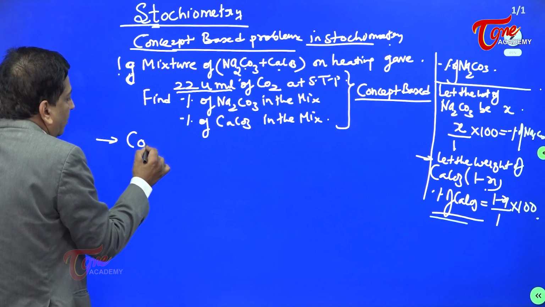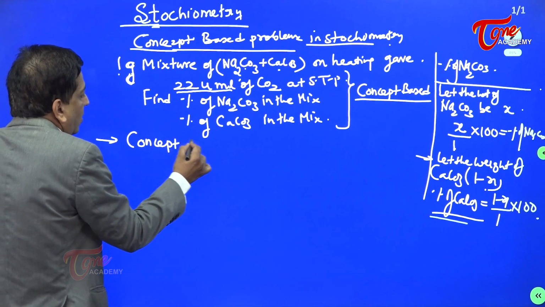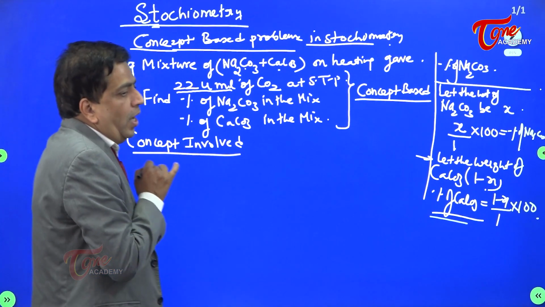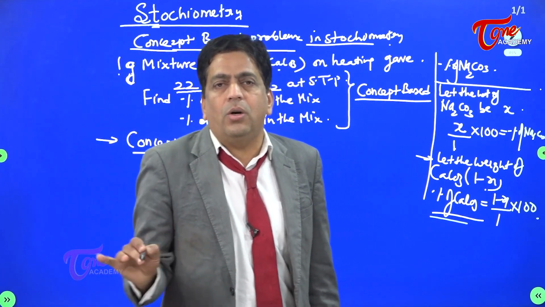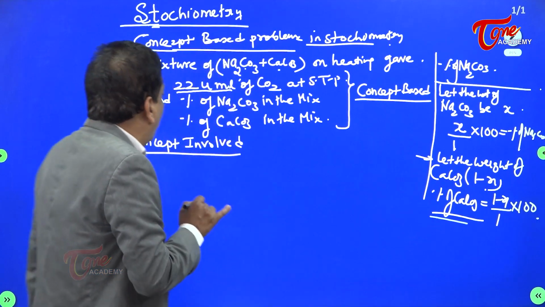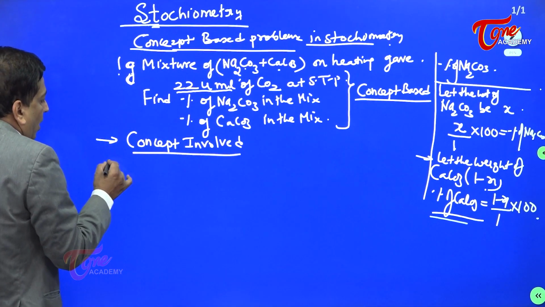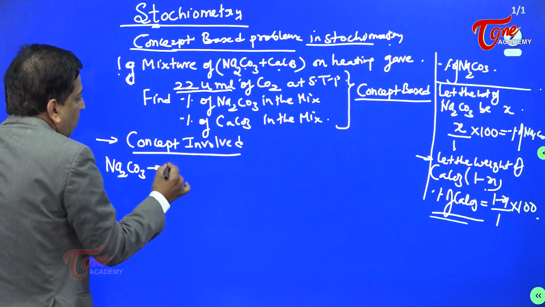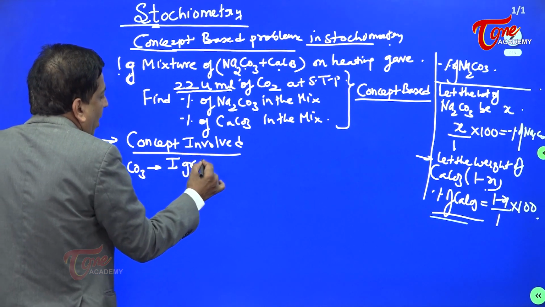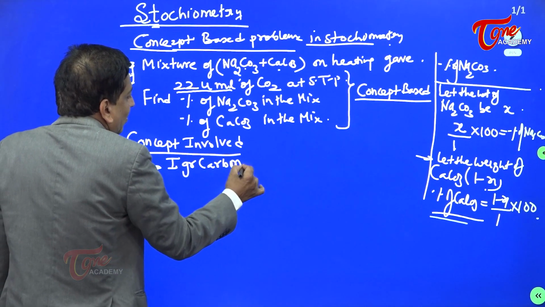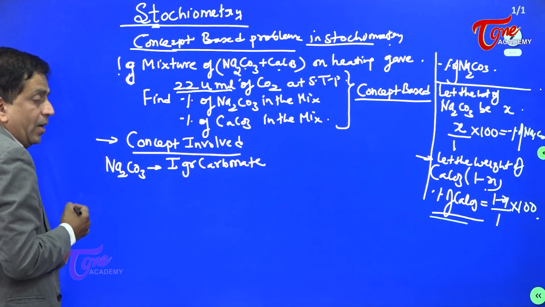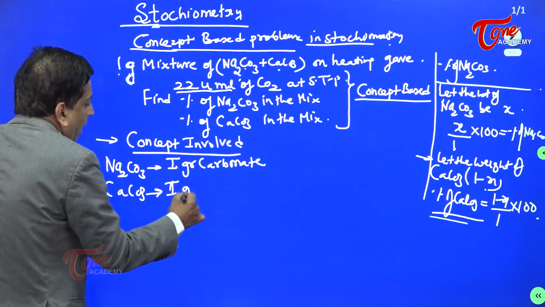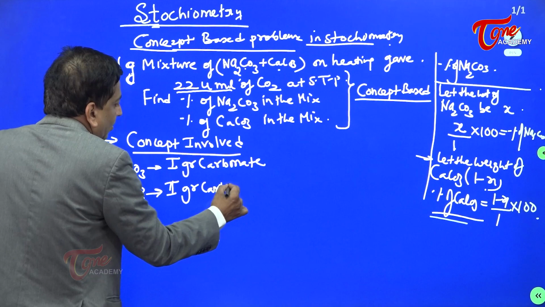Watch carefully here. Concept involved. Unless you know this, you cannot do the problem. So what is the concept? Remember, Na2CO3 is basically a first group carbonate, and CaCO3 is a second group carbonate.